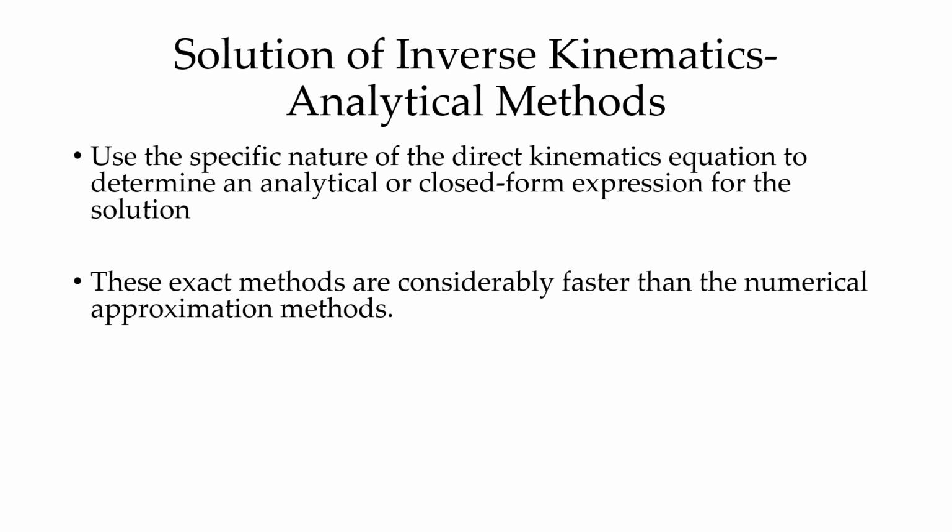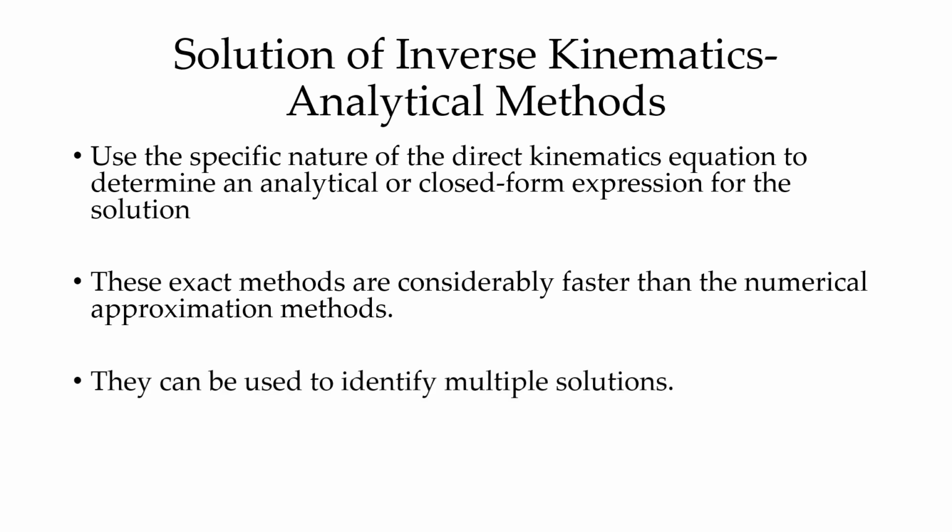Finding the solution using analytical methods is considerably faster than numerical approximation methods, and they can also be used to identify multiple solutions. Earlier we mentioned that in the inverse kinematic problem multiple solutions could exist, and by solving the inverse kinematic problem using analytical methods, we can identify multiple solutions.